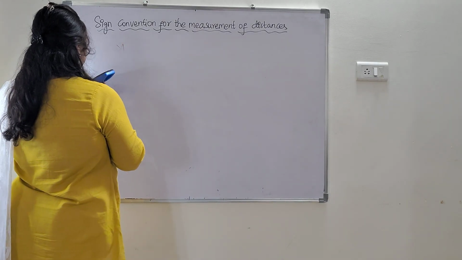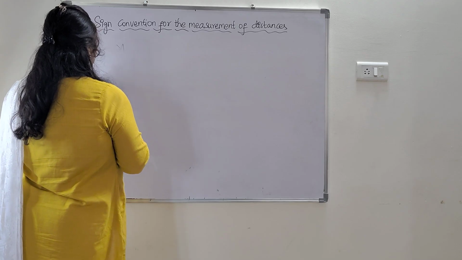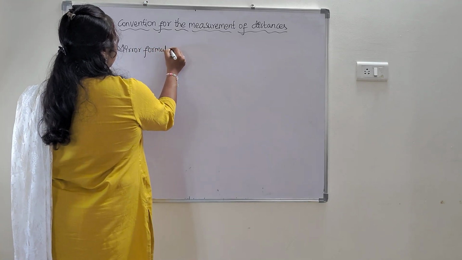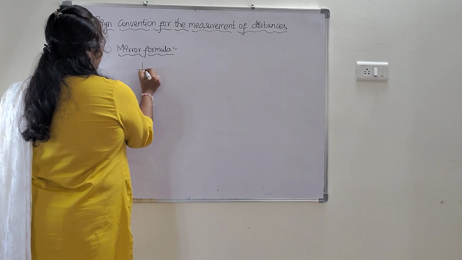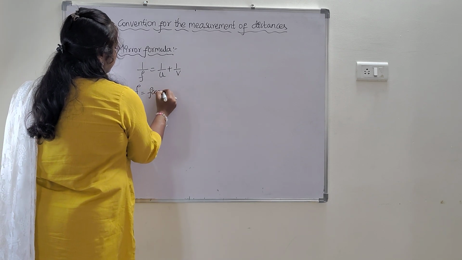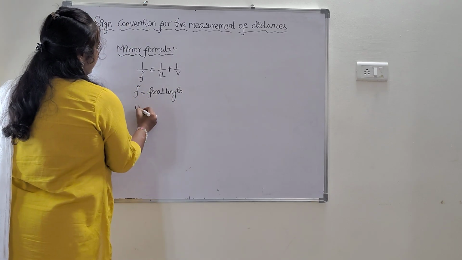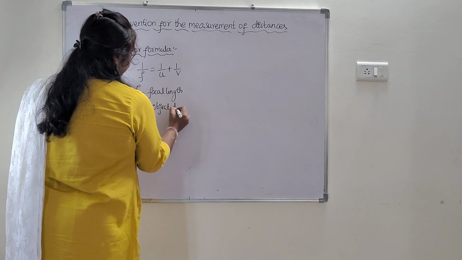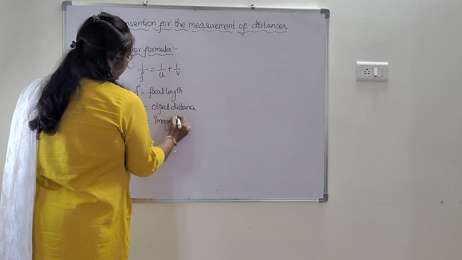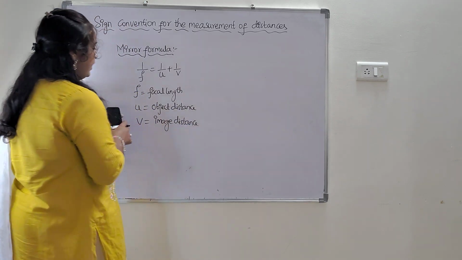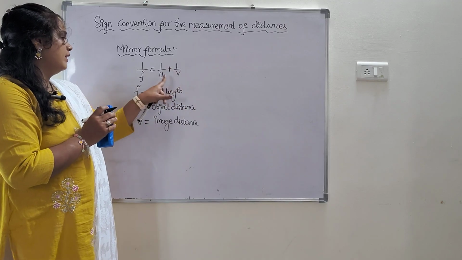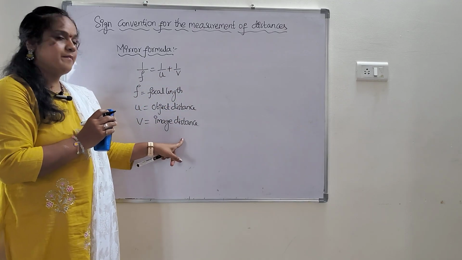What is the mirror formula? 1 by f is equal to 1 by u plus 1 by v, where f is focal length, u is object distance, and v is image distance.